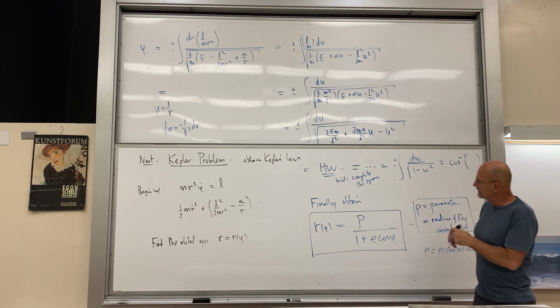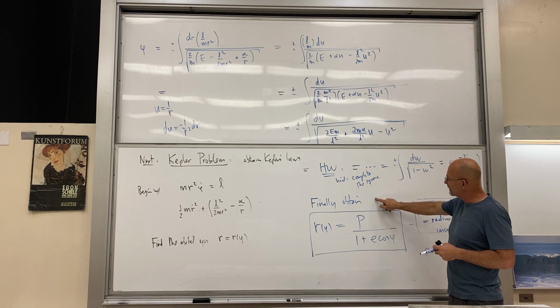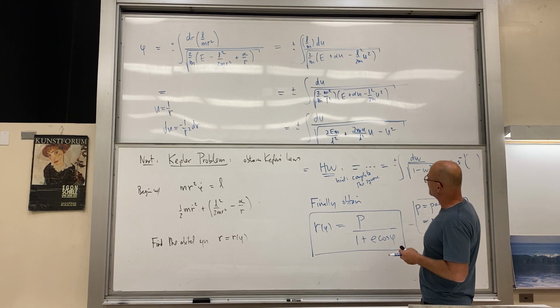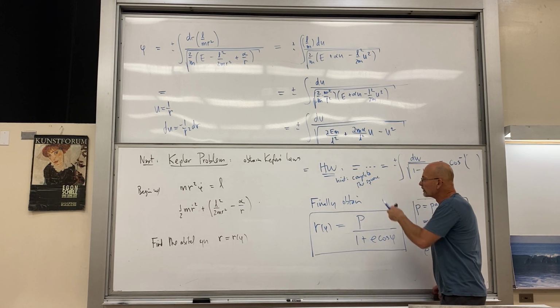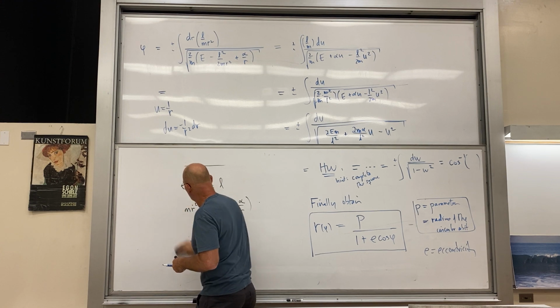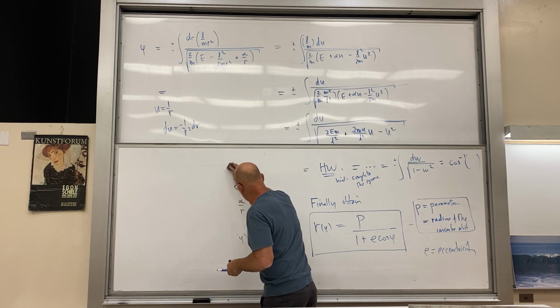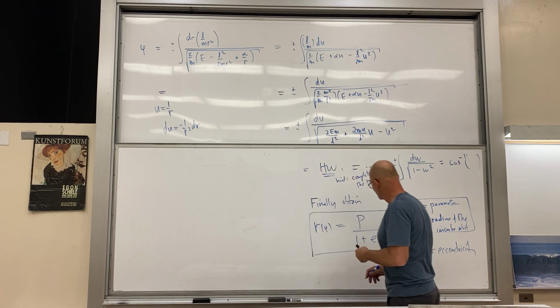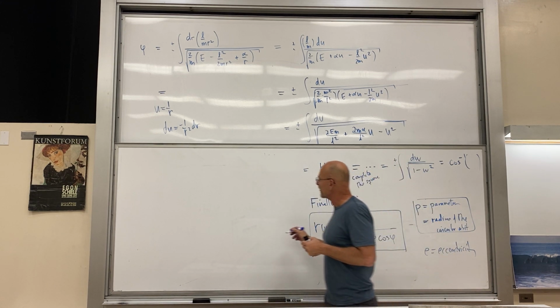So what we want to do next is study what this means. And I'll use the board right here to the left. And then I'll set up another problem for you.